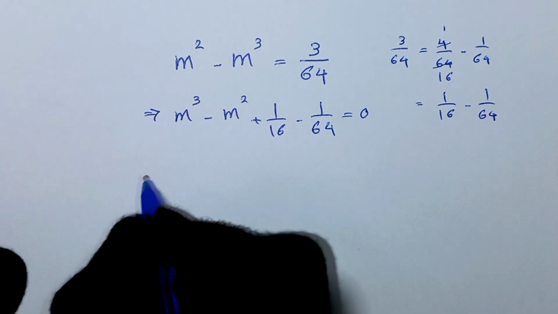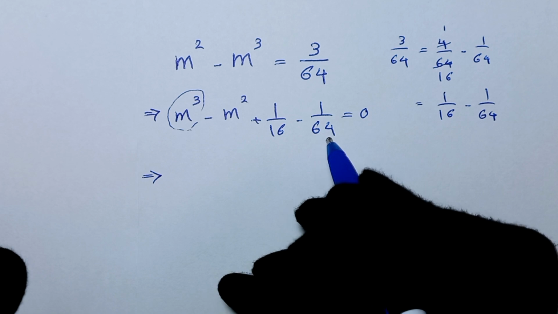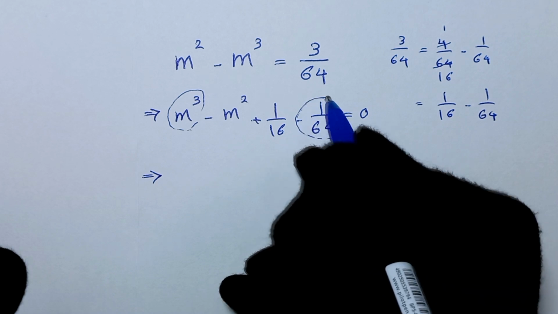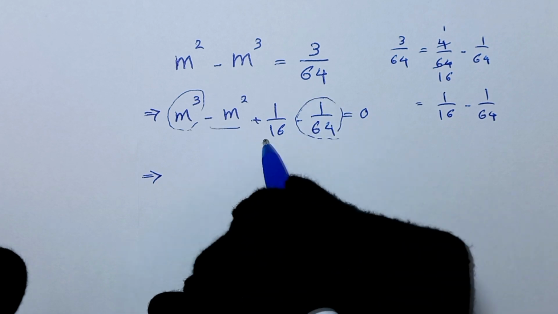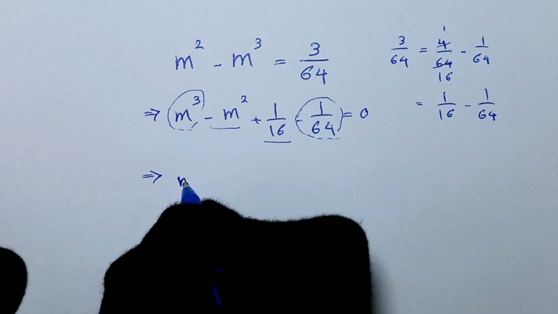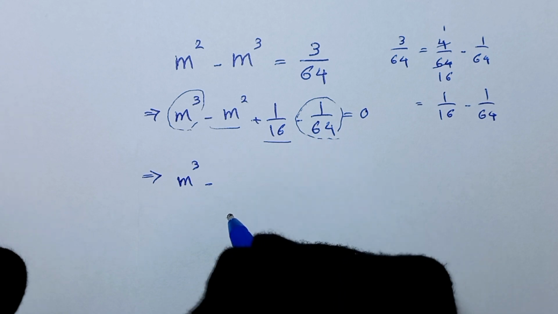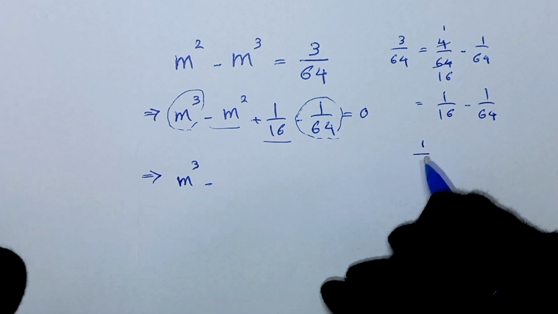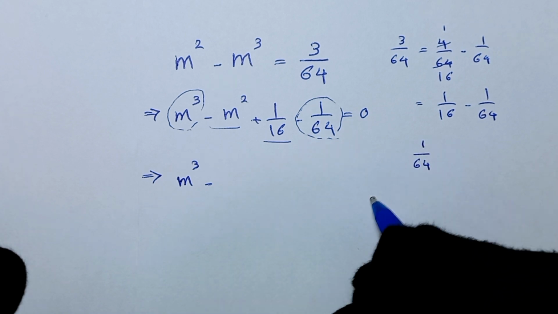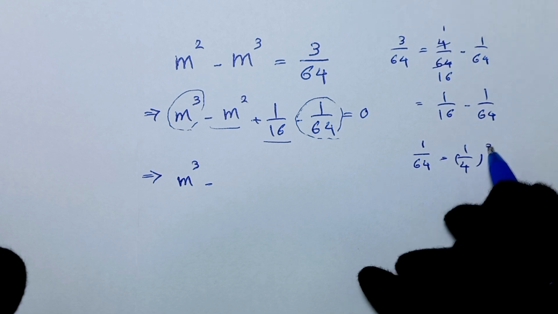In the next step, we take this and this together, and this together. So we write m cubed minus 1 over 64. So 1 over 64 is 1 over 4 to the power of 3, right?